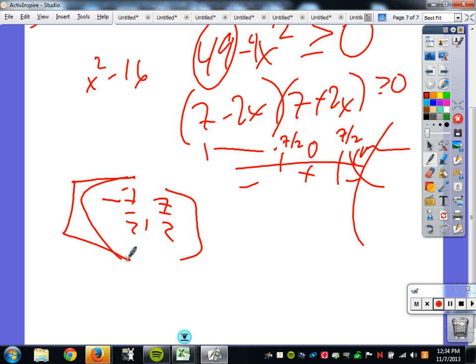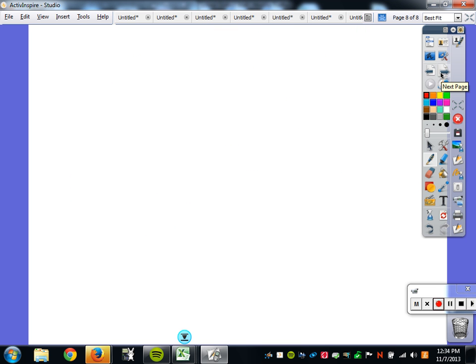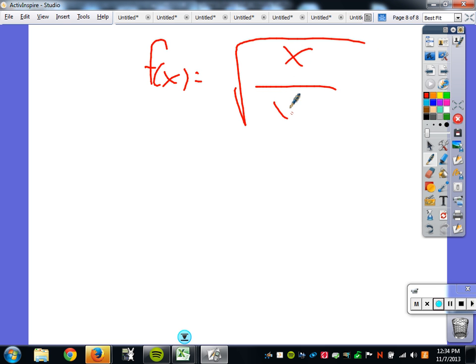I'm not going to do this one, but I want you guys to think about this one as well. That's not bad. That's the same idea. What does that mean? What do we do? It can't be negative again because it's a square root.